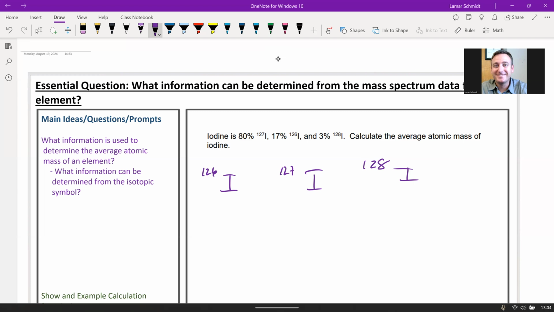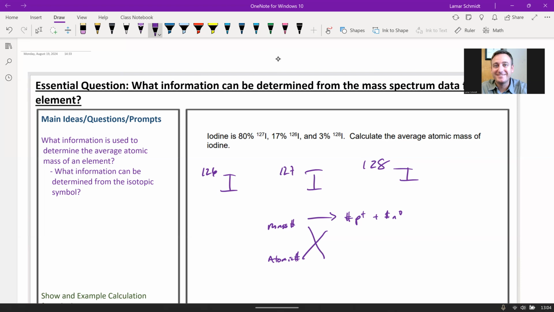Now, when we have an isotopic symbol, here's an isotopic symbol for element X, we put the mass number up top, and on the bottom, we put the atomic number. What is used to determine the mass number? The number of protons plus the number of neutrons.